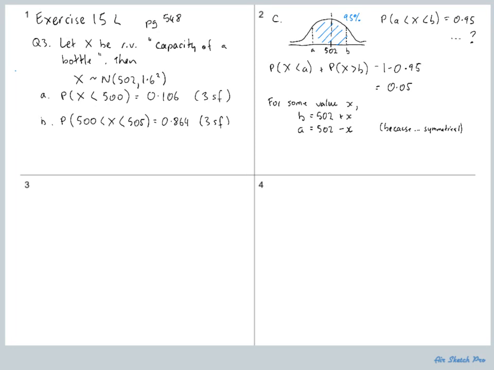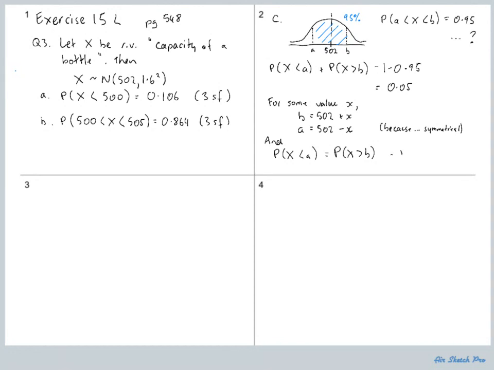Okay. And the probability of x less than A must be equal to the probability of x greater than B. So this is just the setup.